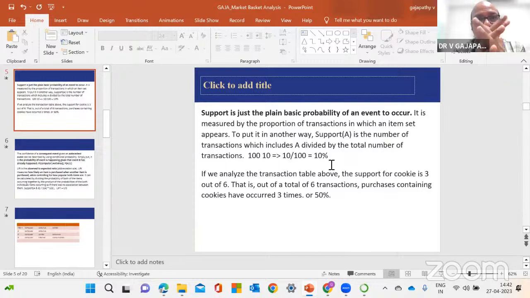Total viewers are 100, who have seen the film Avatar. And how many viewers are saying that Avatar is good? This is support. Say, for example, out of 100 viewers, 10 viewers have supported Avatar. Therefore, I call it 10%.